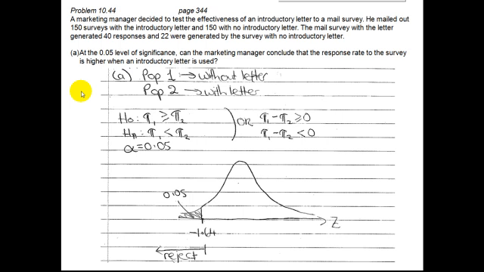And because it's pi1 less than pi2 in the alternative, that tells us that the only way we'd reject the null is if we got a small result when we did pi1 minus pi2. So pi1 less than pi2 is equivalent to pi1 minus pi2 being less than 0.